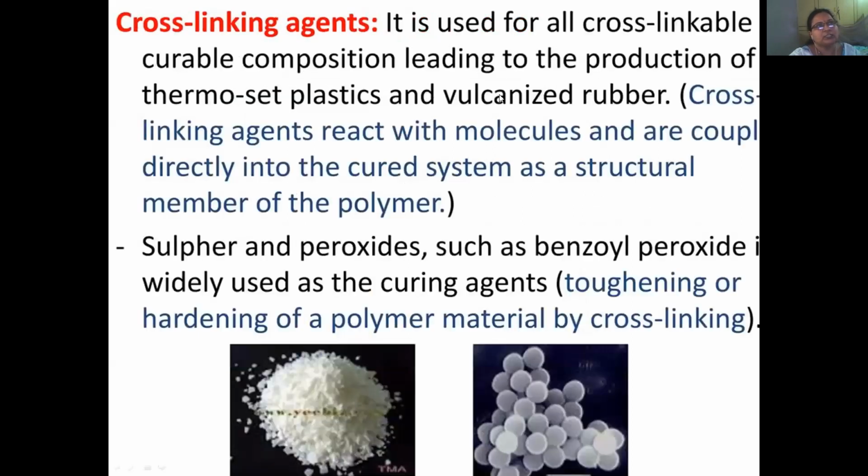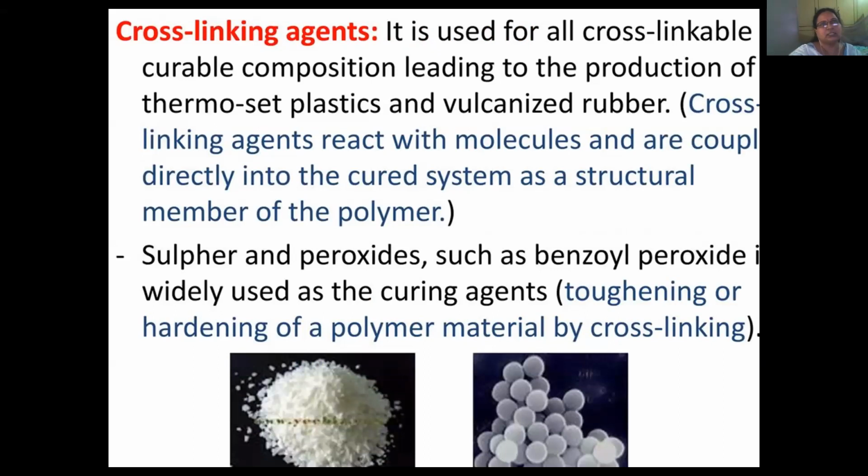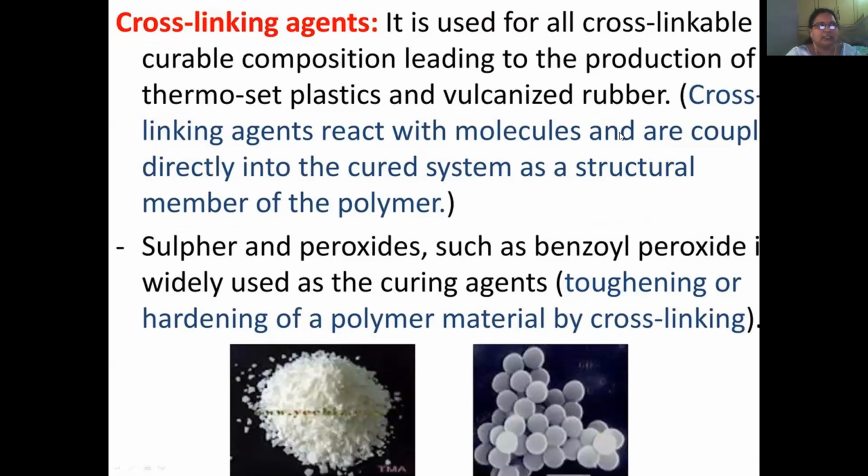Then cross-linking agents. It is used for all cross-linkable curable compositions leading to the production of thermoset plastics and vulcanized rubber. Cross-linking agents react with molecules and are coupled directly to the cure system as a structural member of the polymer. So sulfur and peroxides such as benzoyl peroxide are widely used as curing agents. So it is toughening or hardening of polymer material by crosslinking.